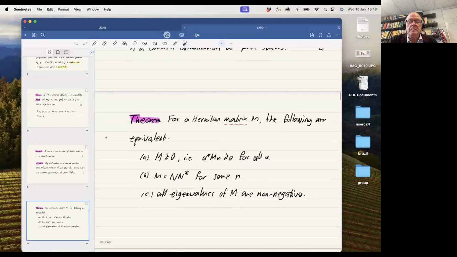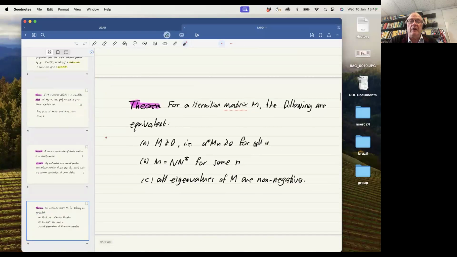Now, I want to summarize some characterizations of positive semi-definite matrices because there are 3 here. The first is the definition. The second follows from earlier material: if M can be written in this factored form, N starred N, it's positive semi-definite. And the third one is that all eigenvalues of M are non-negative. Both these conditions are important.